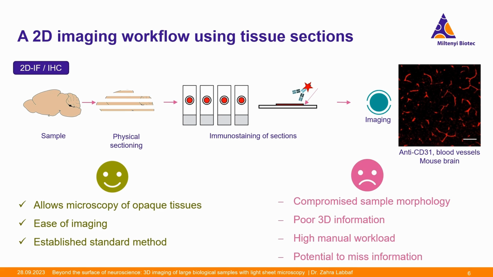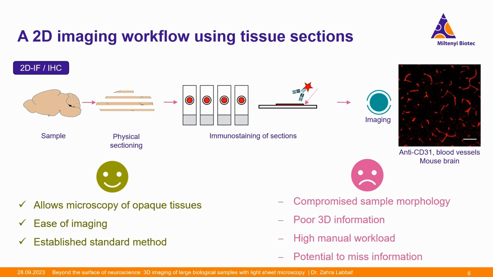However, there are also major drawbacks. One is that since you're doing physical sectioning, you might introduce artifacts and compromise the sample morphology. And as I mentioned before, due to lack of depth information, you cannot really capture the complete 3D structure of the sample.